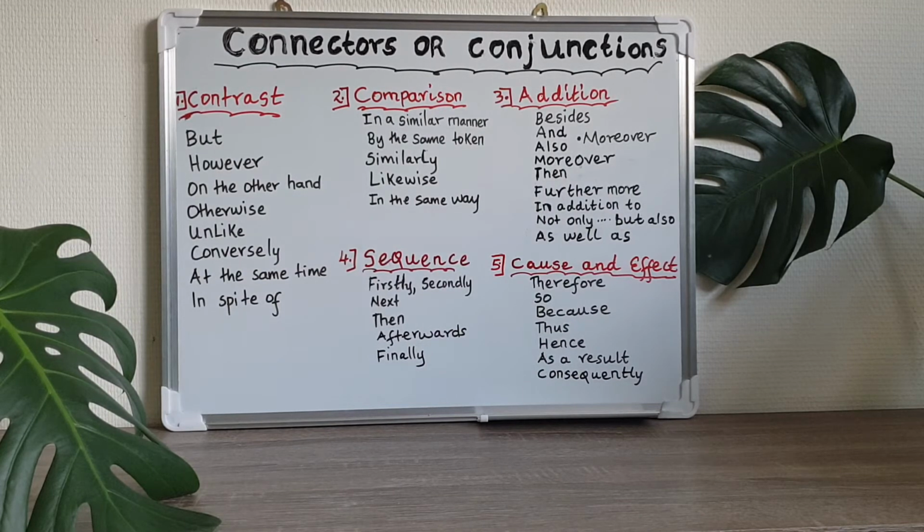So when you join two sentences together, but you want to contrast the ideas, you want to make sure that the two ideas are opposite of each other in those two sentences, then you use connectors that help you to contrast the ideas, and you use the connectors that we have just looked at in the first group of connectors that contrast ideas. Now let's move on to the next category.